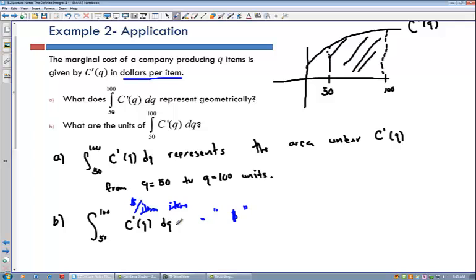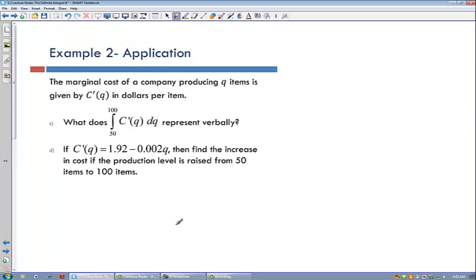And if you think about it, the dollar thing actually represents the change in the cost from producing 50 to 100 items, which we'll talk about next here. So let's look at part C. What does this definite integral represent verbally? So this is another way to say, what does it actually mean?